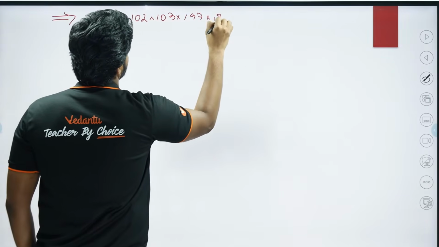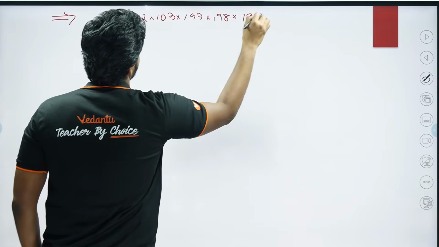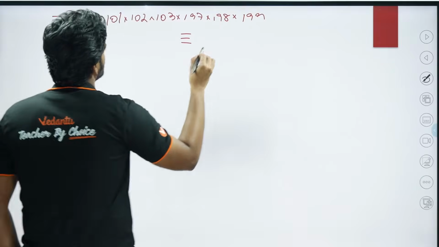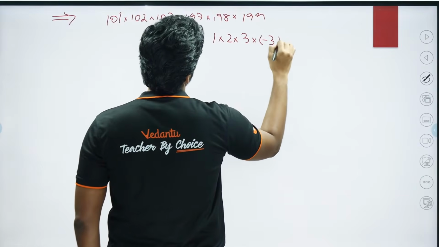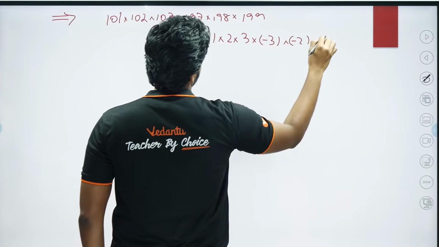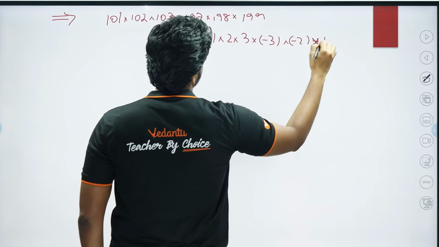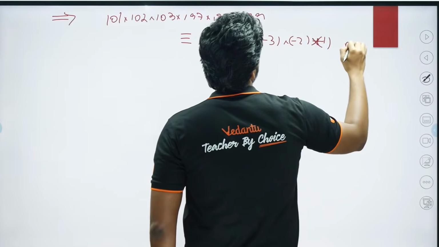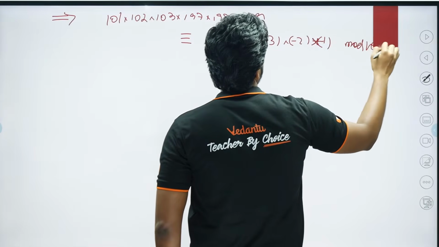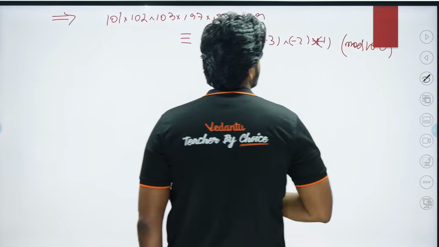Right? That should imply that my 101 into 102 into 103 into 197 into 198 into 199 is congruent to 1 into 2 into 3 into minus 3 into minus 2 into minus 1 mod 100, isn't it?